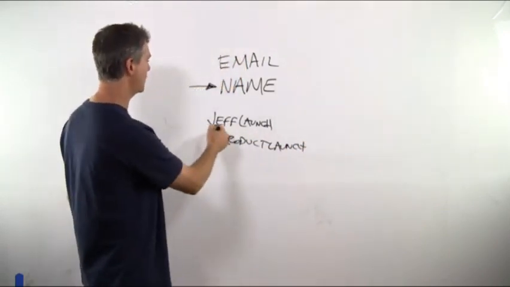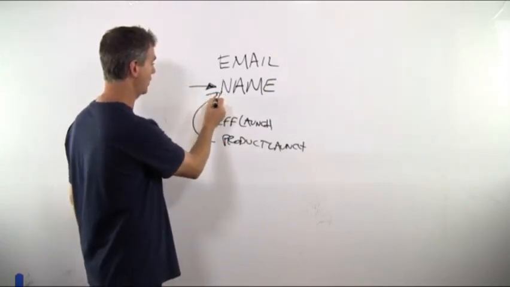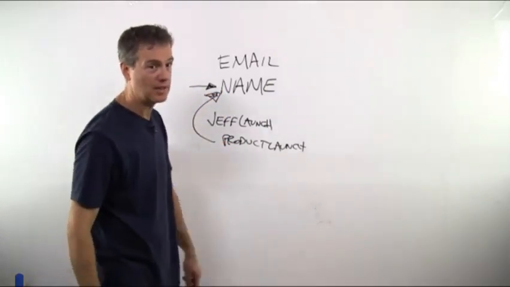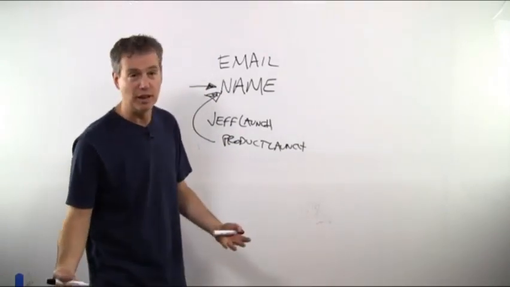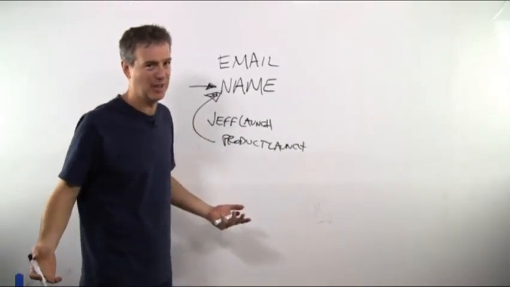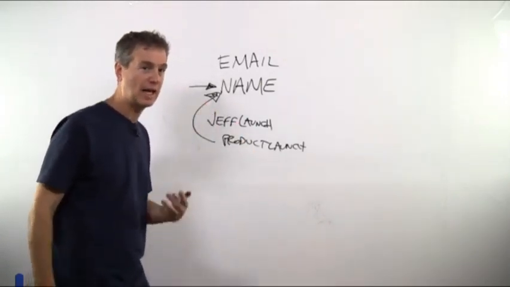So instead of putting in Fred, they'll put in product launch right there, okay? So now when I send them an email and the email says, hey, product launch, how you doing? Well, it doesn't work so good, right?